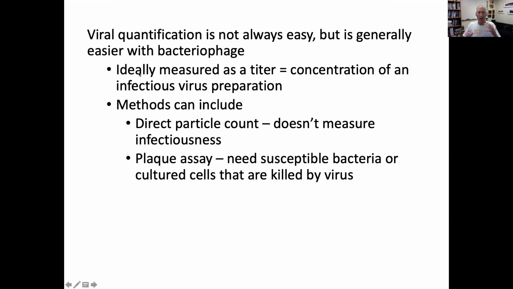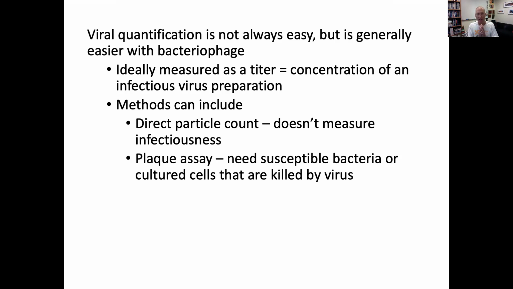The way that viral particles are typically measured is as a titer, a concentration of infectious viral particles or entities or virions per milliliter, say. It turns out that a lot of viruses, when they are made, are not necessarily active.